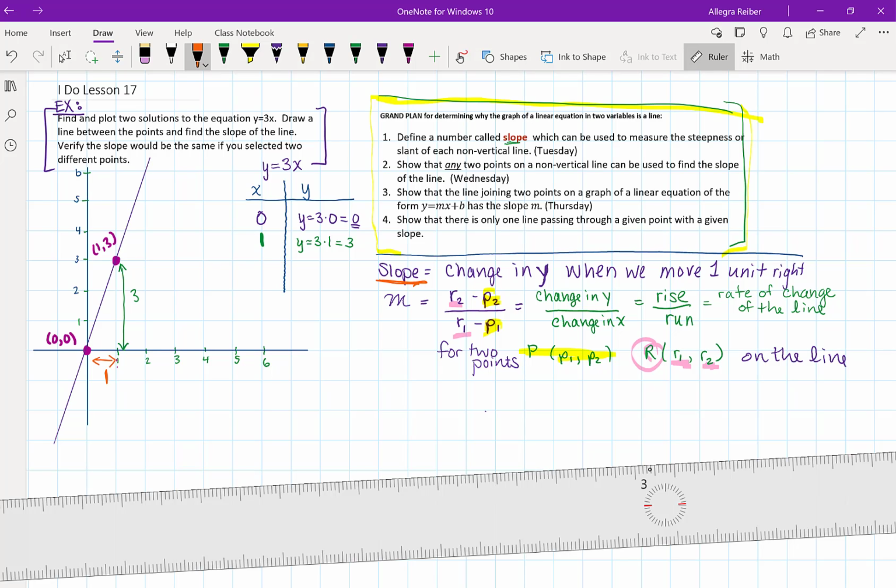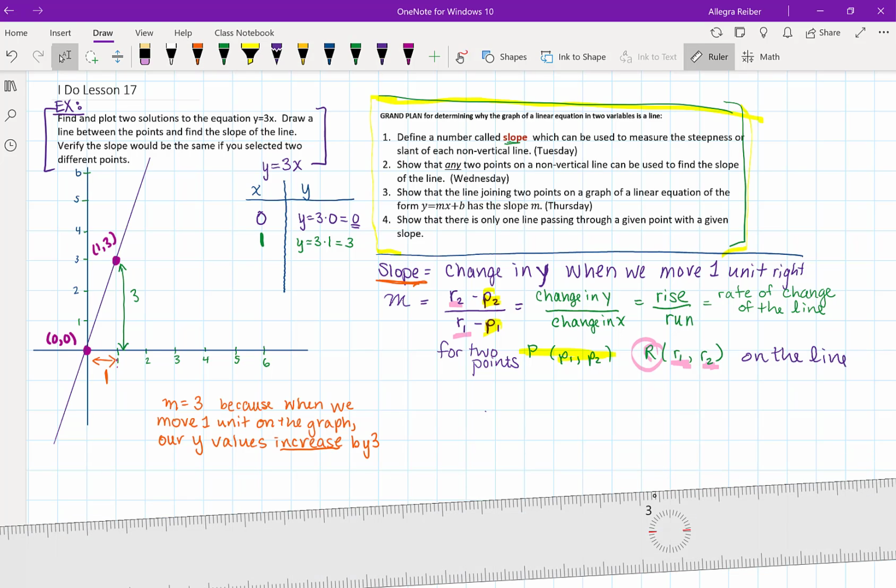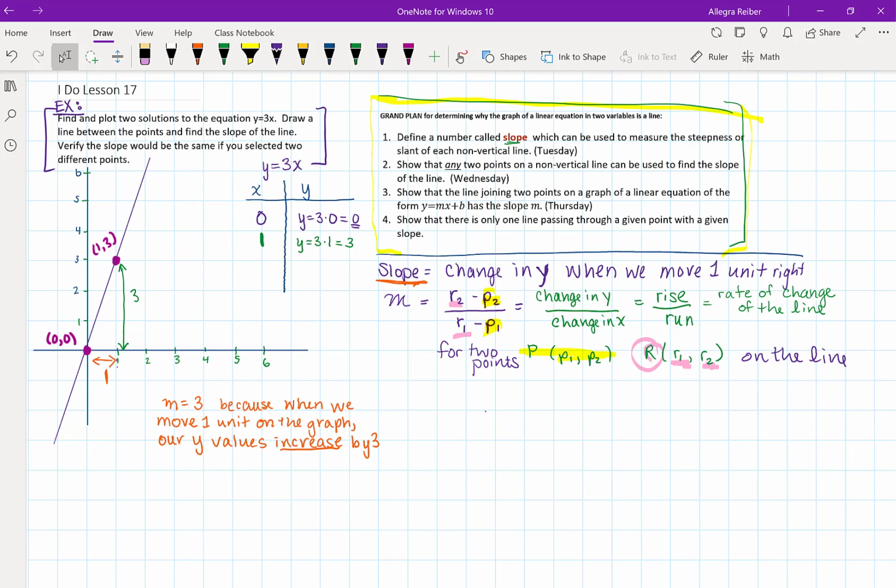Therefore, reading off the graph, the slope here is 3 because when I move 1 unit right on the graph, our y values increase by 3. Recall that anytime the values increase as we move from left to right, we get a positive slope.